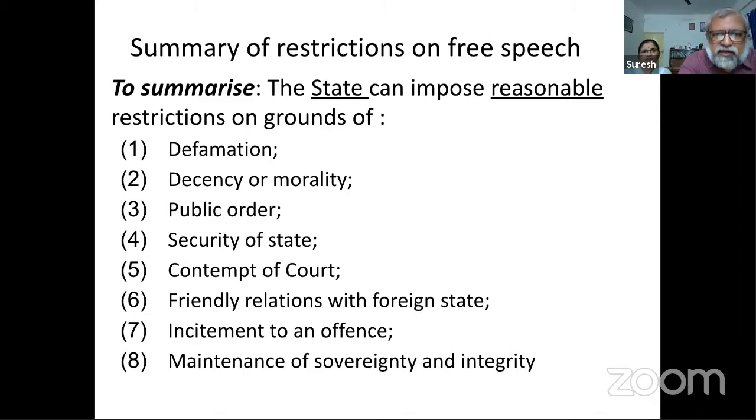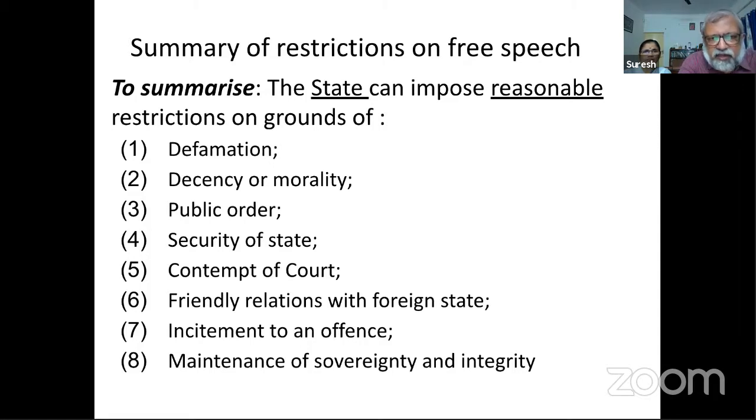What is indecent or immoral are extremely subjective matters. This is very much related to a whole variety of factors, including the caste, the community, the type of education they are from, urban, rural, and a whole lot of other diversity factors which come in terms of defining whether a particular expression is indecent or immoral or is defamatory or is an incitement to an offense.